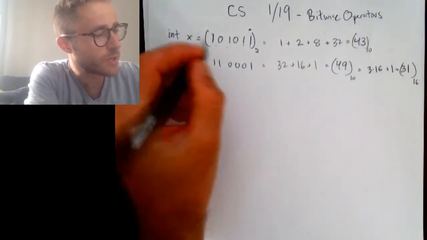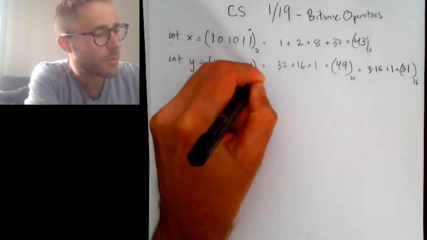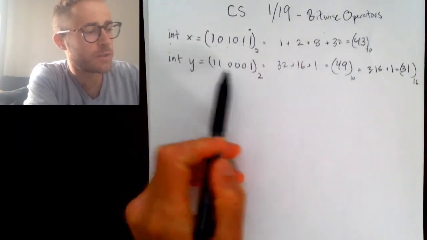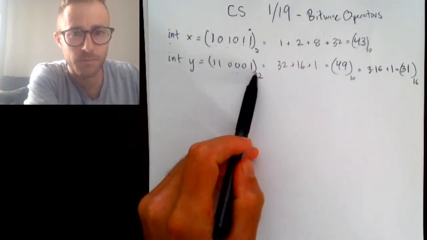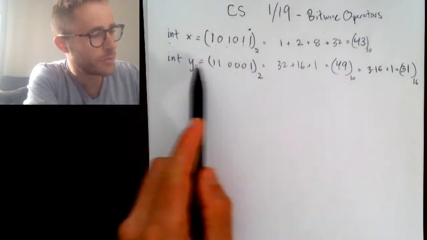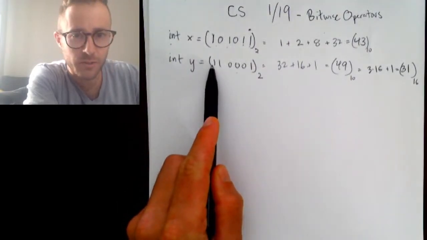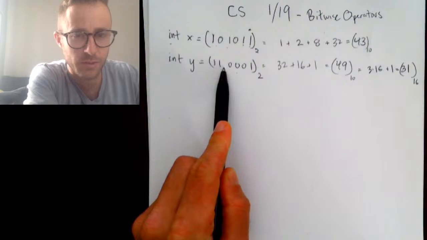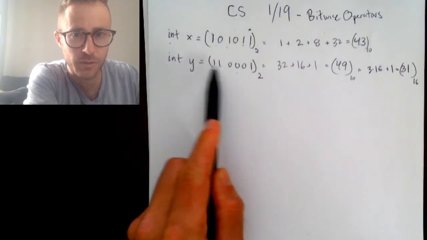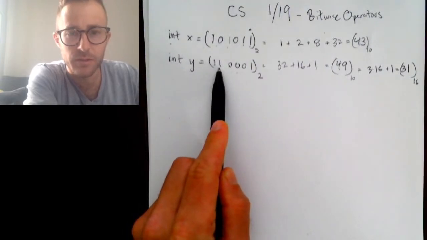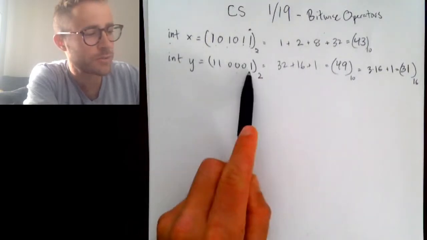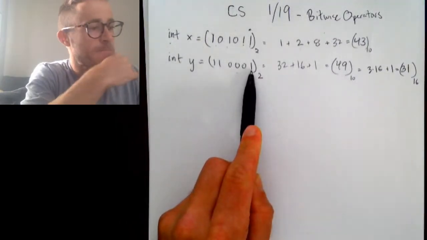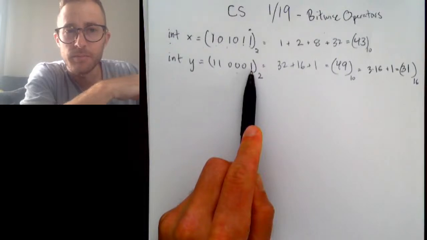The second integer, which I'm going to call y, is 110001 in base 2. This is the 32's place, so 32 plus the 16's place. 32 plus 16 is 48 plus 1 in the 1's place.